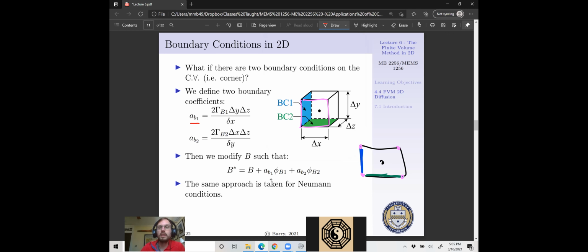AB1 would be 2 times phi b1, our conserved quantity at boundary 1, times the diffusivity gamma b1, times delta y delta z, which gives us this area per delta x.